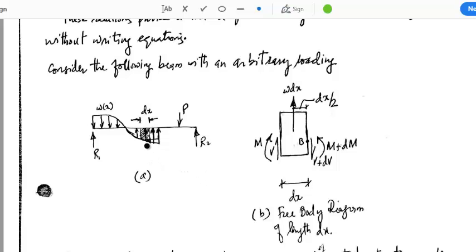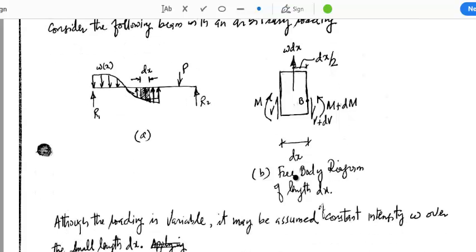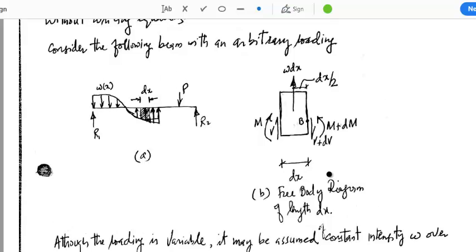Now, in order to develop the relationship between load, shear and moment, we will consider a very small segment of this beam, and its length is dx. This length dx is drawn here on a large scale in figure B. This is a free body diagram of the length dx. It's a differential length, an extremely small length, and we have marked the shear and bending moments at both faces of this extremely small length.